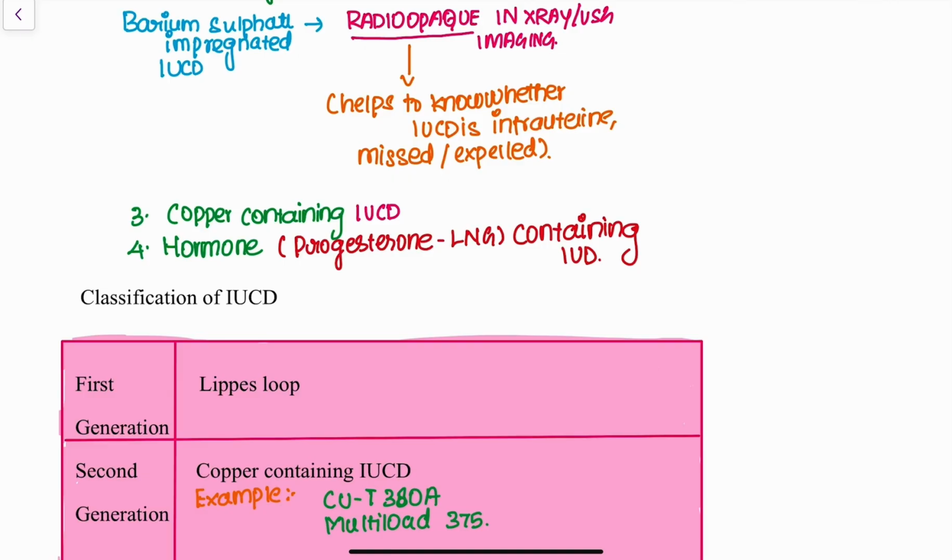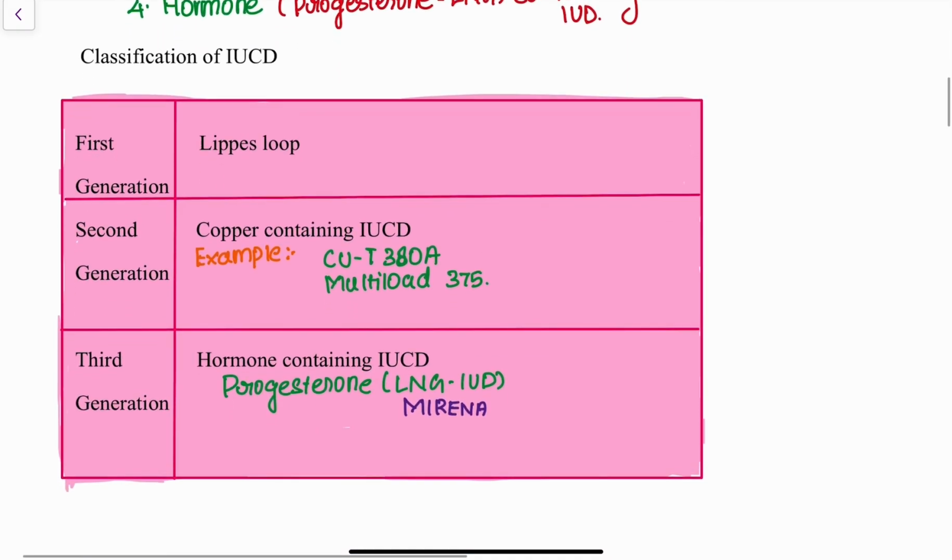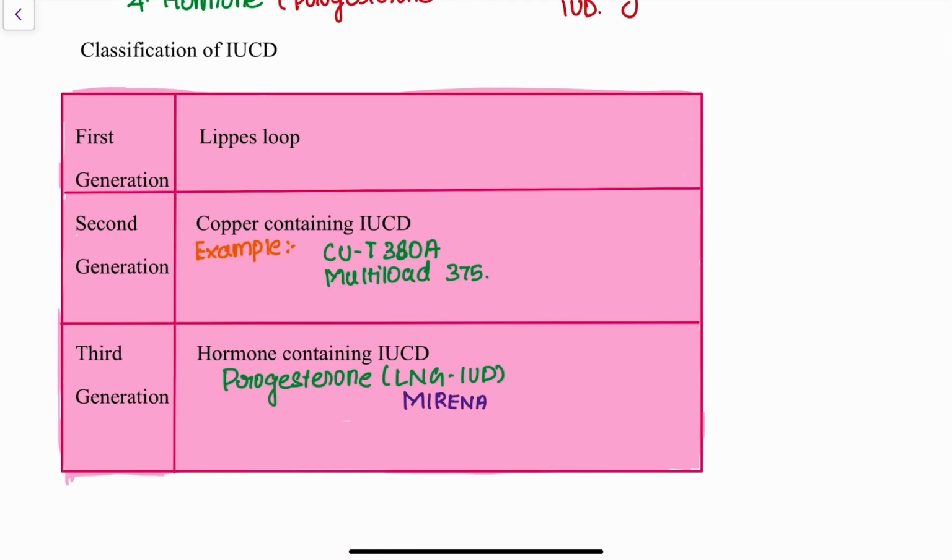Initially only a simple intrauterine contraceptive device made of polyethylene was invented. Later that device was impregnated with barium sulfate, which facilitated the visualization of this IUCD inside the uterine cavity through the imaging techniques. And later medicated intrauterine contraceptive devices such as the hormone containing IUCD and the copper containing intrauterine contraceptive device were invented, right? So this is how the invention is going on in this modern world.